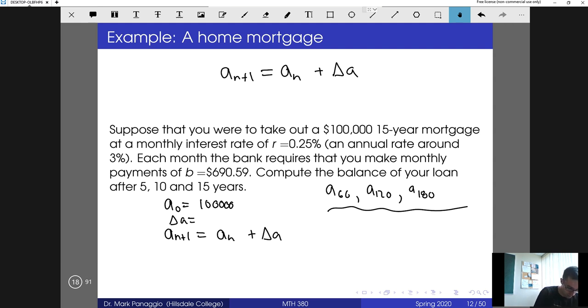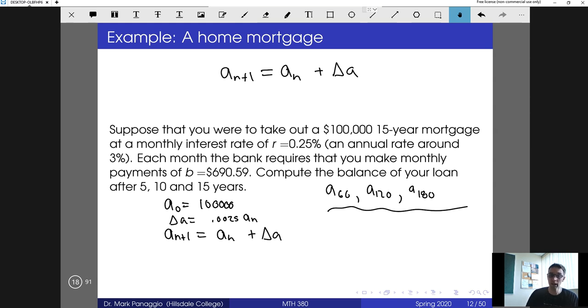And so we could write that down. 0.25% would be 0.0025. And that's the interest rate, and so that needs to be proportional to the balance. So every month, our balance is going to increase by 0.0025 times the current balance.